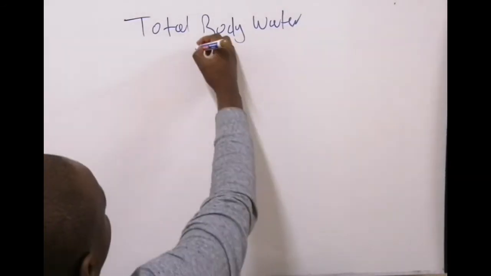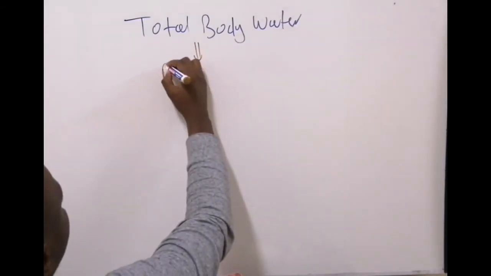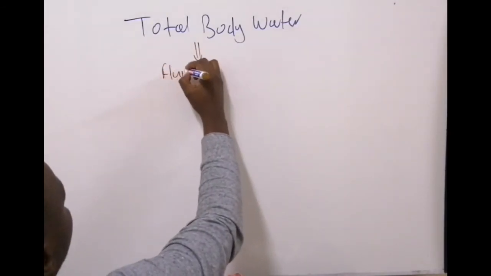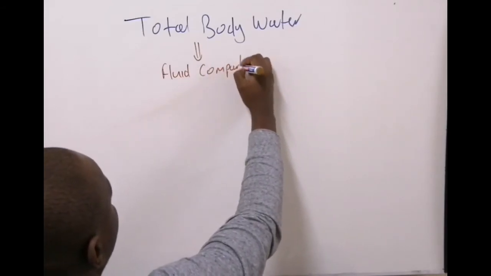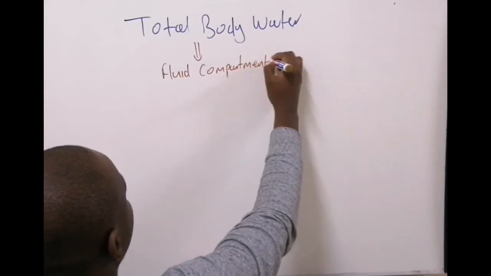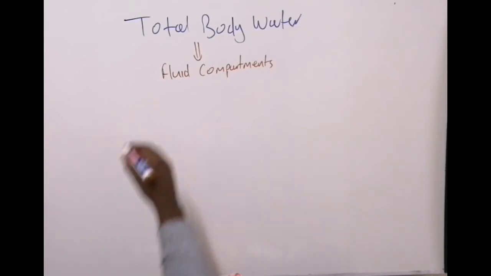Water is located in pockets, if I put it that way, called fluid compartments in the body. And these fluid compartments are divided into two.